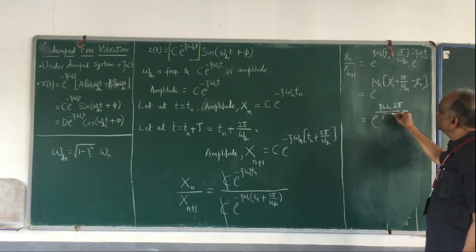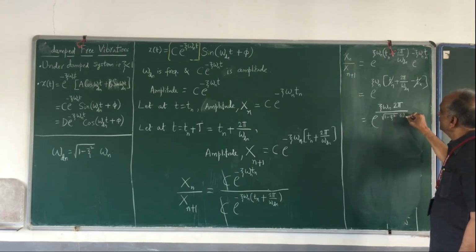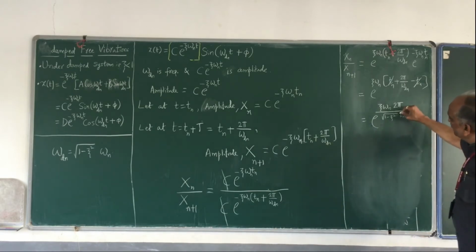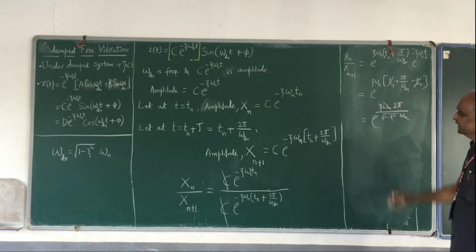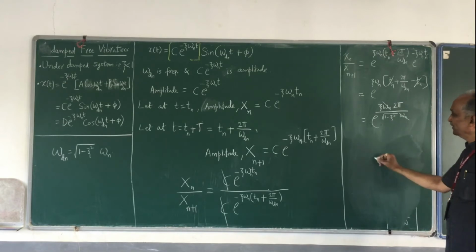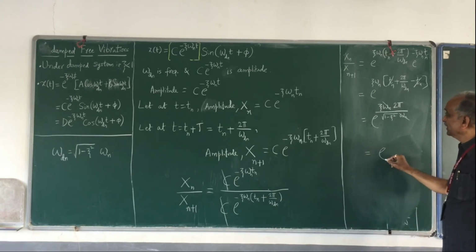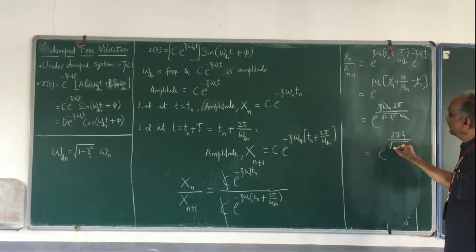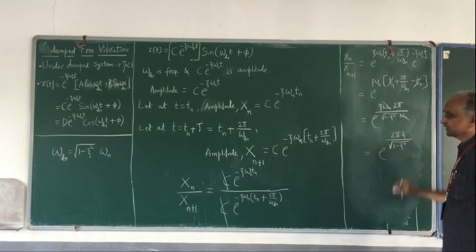Omega dn is root of 1 minus zeta square multiplied by omega n. I have written there. So this omega n and this omega n cancels. So therefore I have got it now. E raised to, what is that? 2 pi zeta divided by root of 1 minus zeta square.